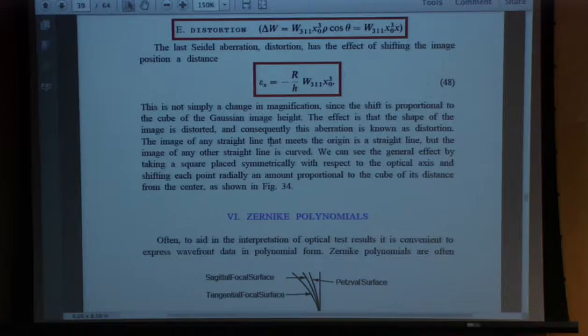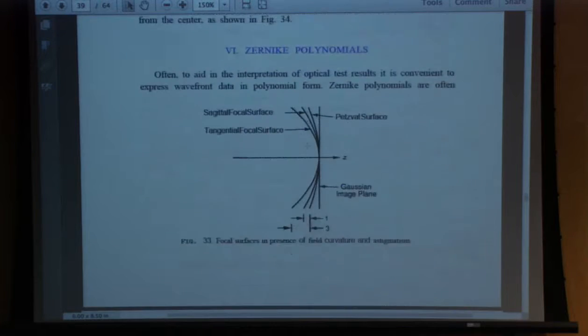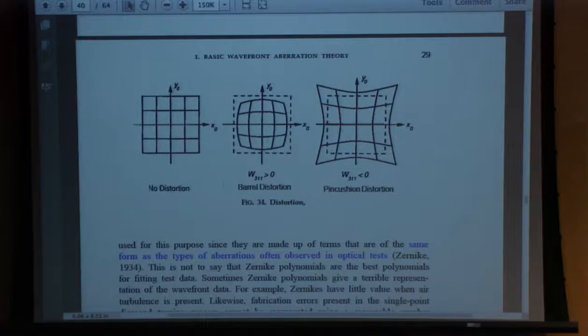And I have a couple of pictures down below I'll look at here. So let's say we have an object that looks like the little squares on the left there. And when we image that, if we have distortion, lines going through the center here will still remain straight, although their length will be either shorter or longer, depending upon whether the coefficient W311 is greater than 0 or less than 0.